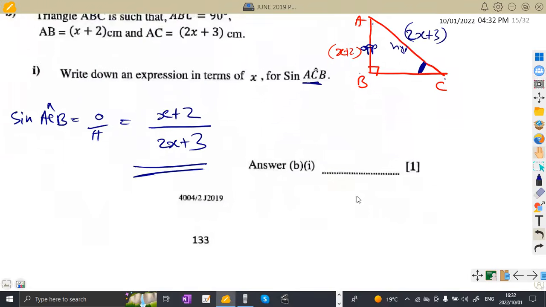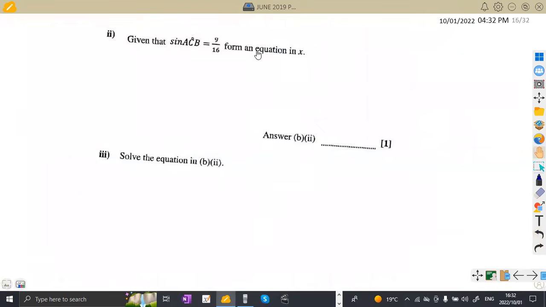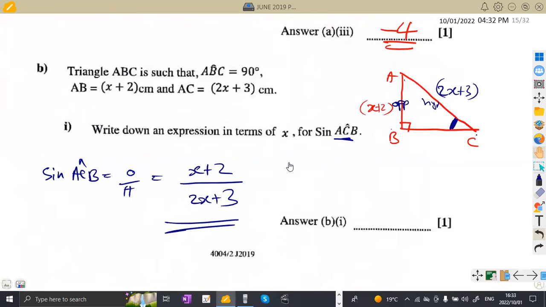Okay, I think this one is fine. Let's see on the other page here. Given that the sine ACB that we are talking about here is given as 9 over 16, find x. So guys, remember on the previous part, what did we calculate? We had an expression for sine ACB, and now they are giving us another sine ACB.